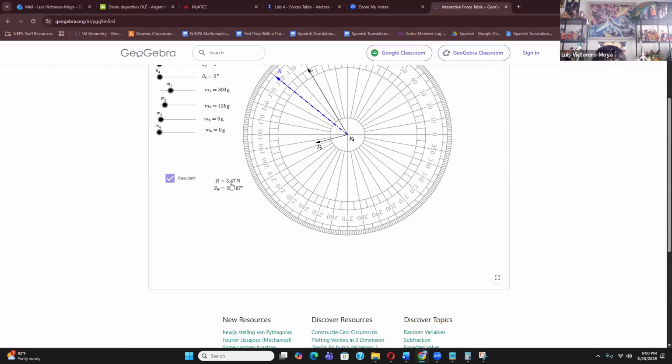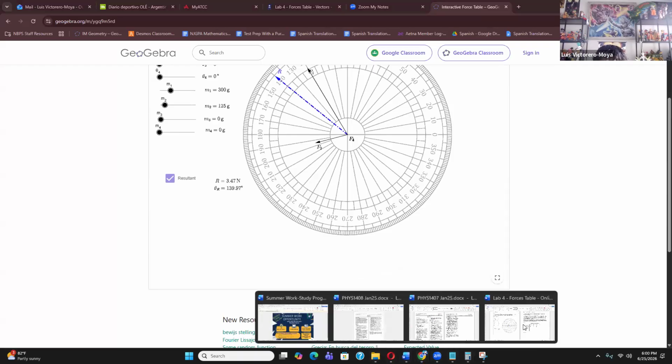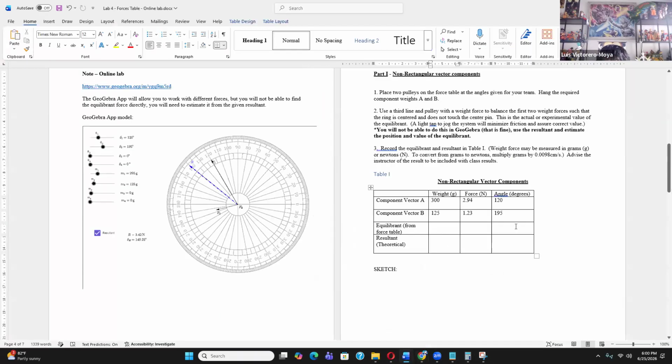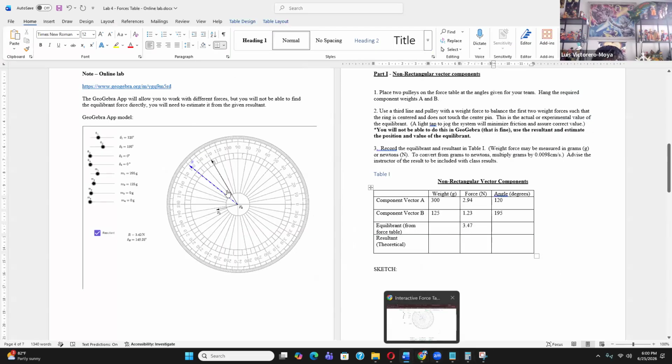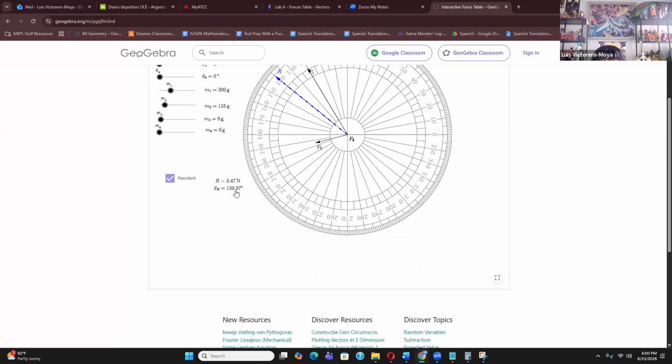So the resultant is there. That's the equilibrium force as well. That's 3.47, and that goes here. The angle is not 140, that's the angle of the resultant. So what's the angle of the equilibrium?